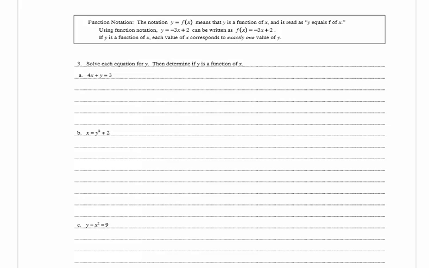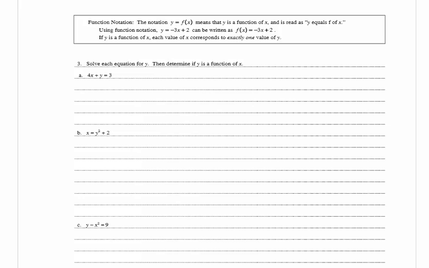Alright, and now they tell us function notation is the notation y = f(x), which means that y is a function of x, and is read as y equals f of x. Using function notation, y = -3x + 2 can be written as f(x) = -3x + 2.